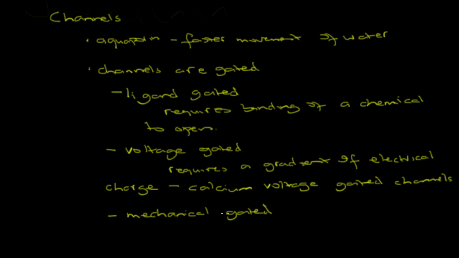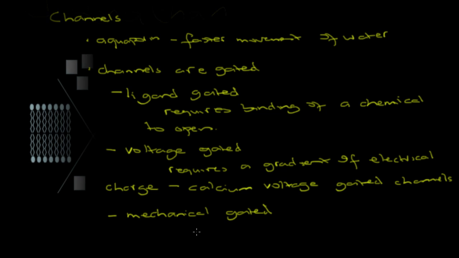So if the walls are stretched, then the channels in the cell walls will open, and this allows calcium to enter, which causes the smooth muscle then to contract. So it very much relies on the tonic contraction of the smooth muscle.